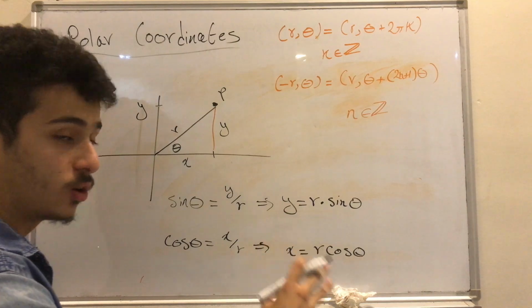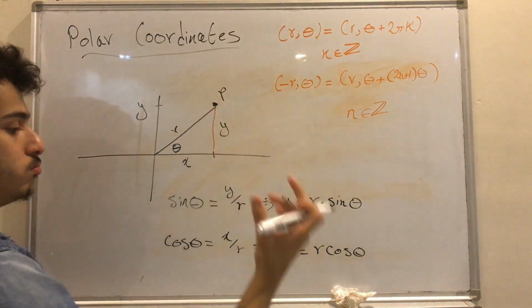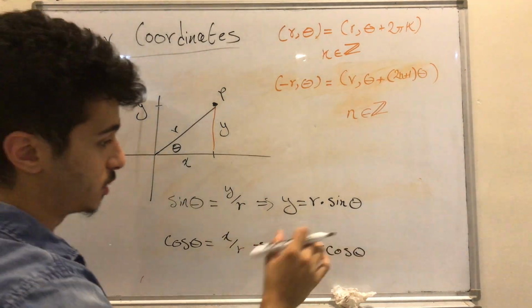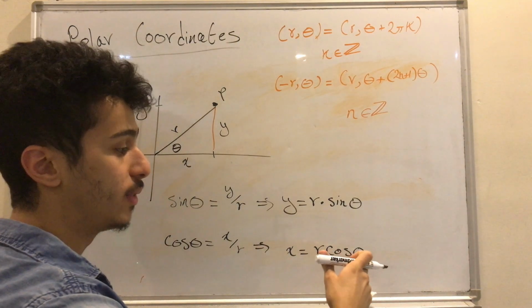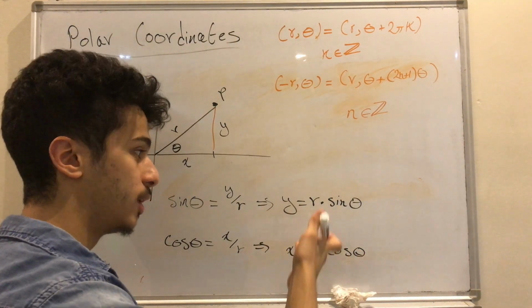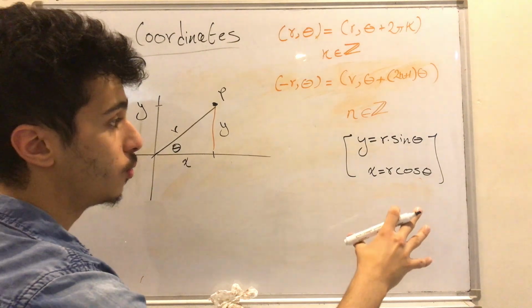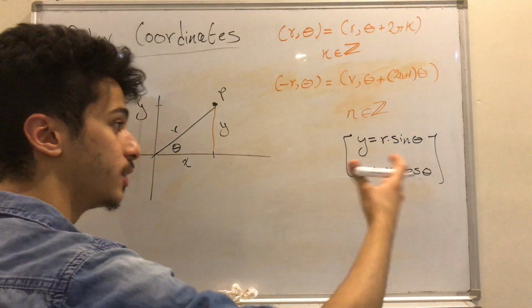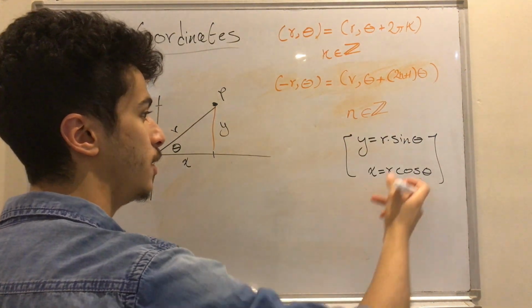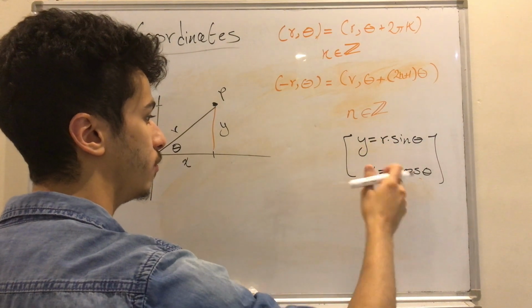And look at that. We can go from our polar coordinates to our rectangular using this. If I have my r and if I have my θ, I can get my x, and same goes for y.